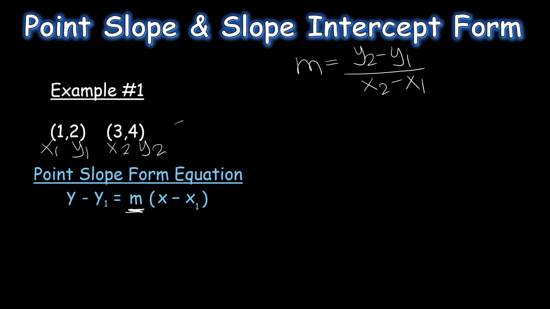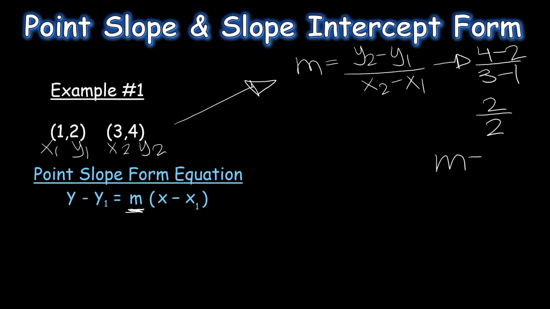And now all we have to do is insert it over here. So we have for y2, 4, and y1 is 2, and then that'll be over 3 minus 1. And then we can calculate it to get 2 over 2. And this will simplify further to equal 1. So our slope, which is m, will equal 1.